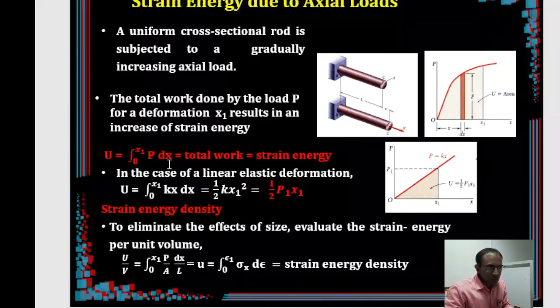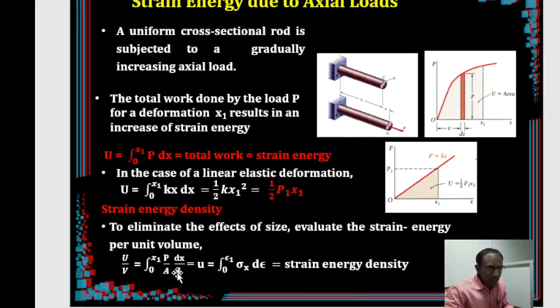Let me just rewrite the terms. What we are doing for this expression is dividing by volume, that means area times length. So that becomes your strain energy density, small u, equal to integral of sigma x d epsilon. Why is it like that?